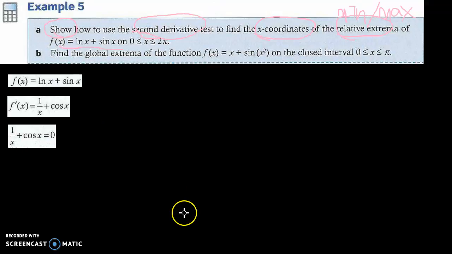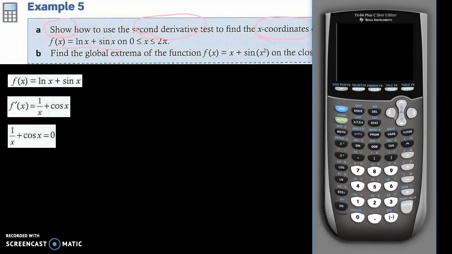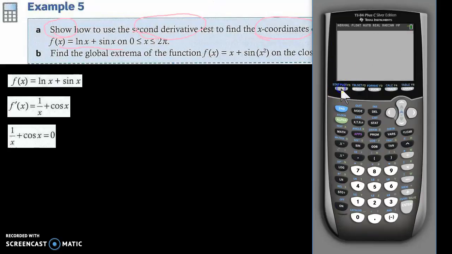And now at this point, I'm not going to try to solve this algebraically. I will try to use my GDC, and let's see what we got. So I'll go to my y equals 2. I'm going to put that expression in there. So I will have 1 over x plus cosine of x.